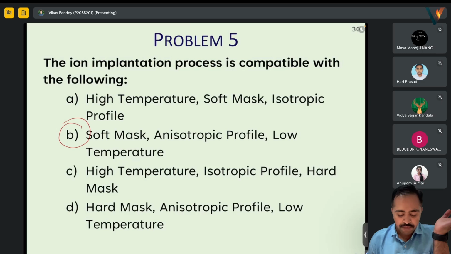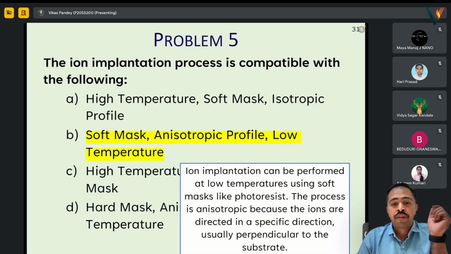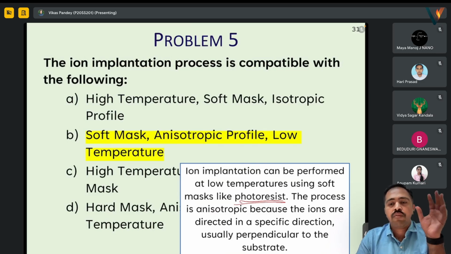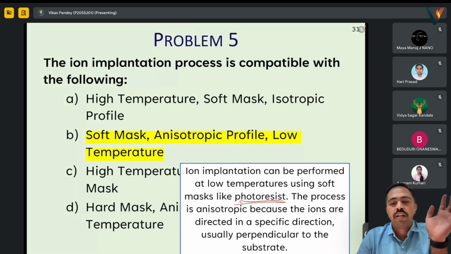So it is soft mask, anisotropic profile, and low temperature. And for soft mask, we can even use photoresist. It does not always require a hard mask like SiO2. Thin SiO2 can also be used in some cases. Certainly, that will be better than a photoresist, but even a photoresist can work well.